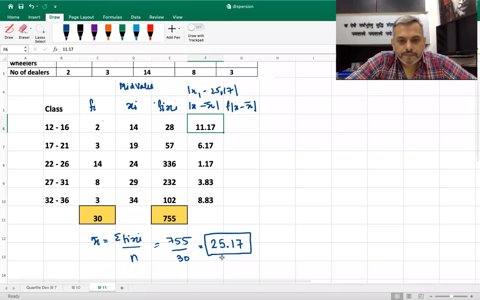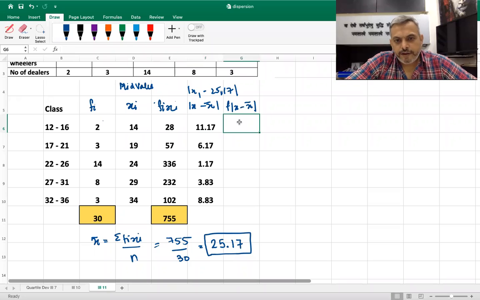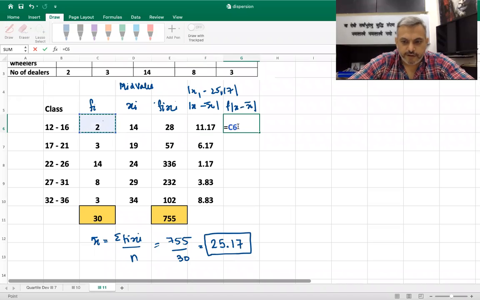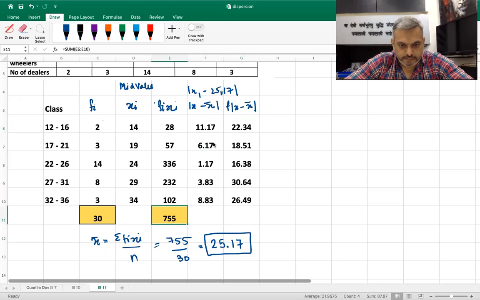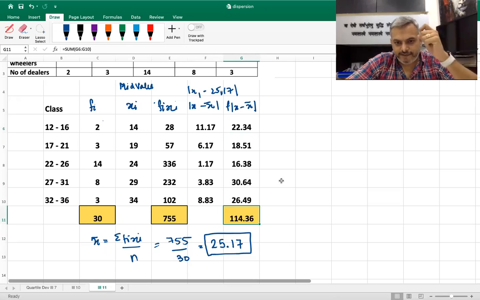Now frequency into modulus xi minus x bar. I'll use this formula to show it to you. You can see on the screen which two columns are to be taken. Because it's Excel, I'll just copy paste the formula, get the values and do the total. So 114.36.